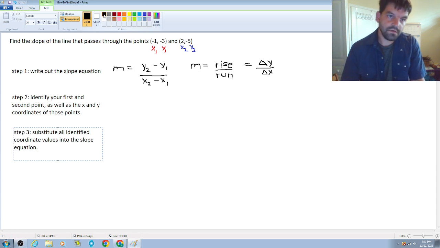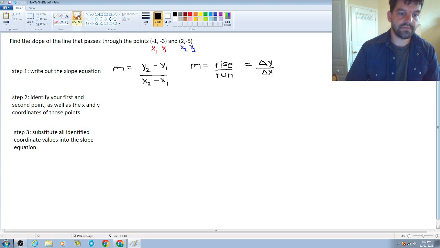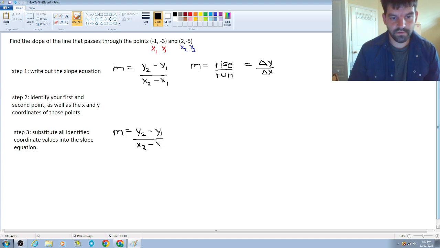Now I'm going to take this one little extra step further, and I'm going to go ahead and rewrite my slope equation here. So this is going to be m equals y2 minus y1 over x2 minus x1. Okay, so now this is where our substitution step comes in.